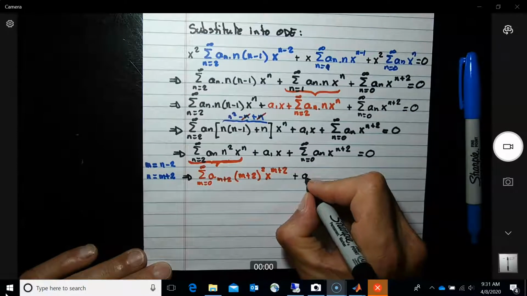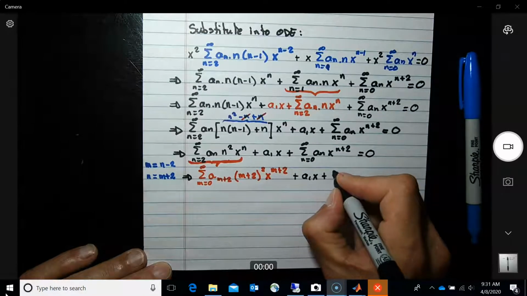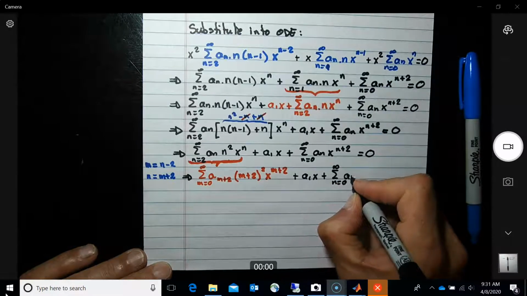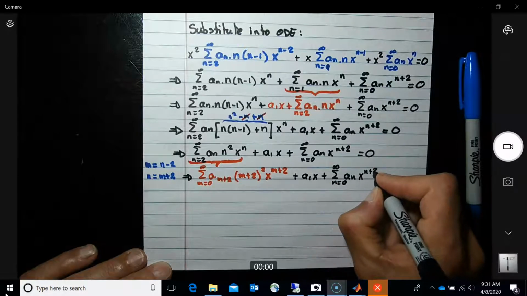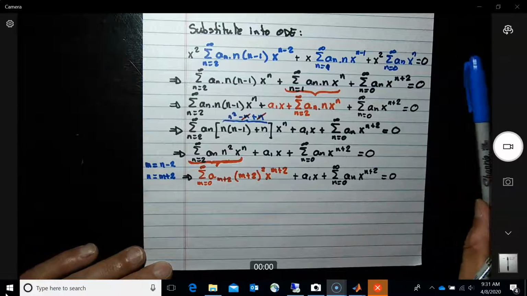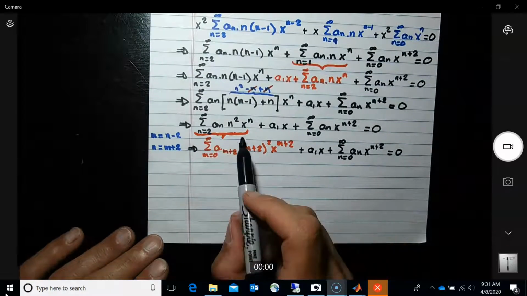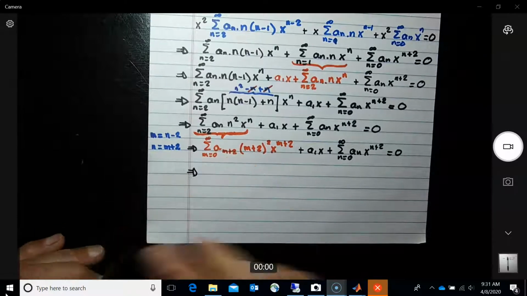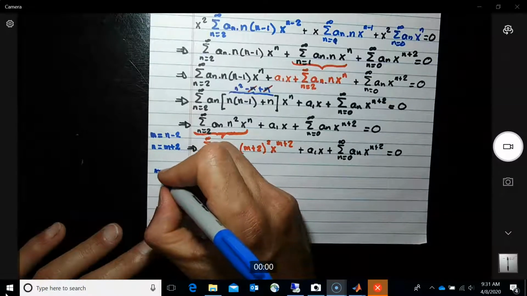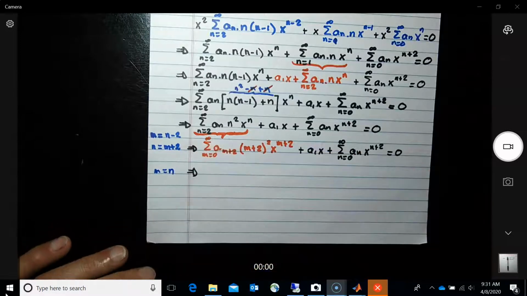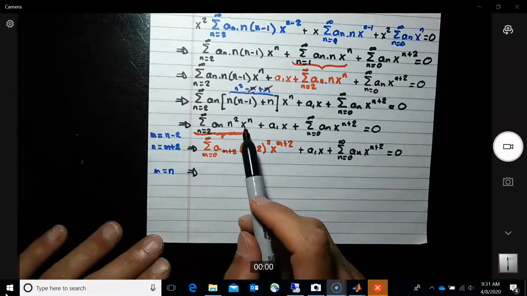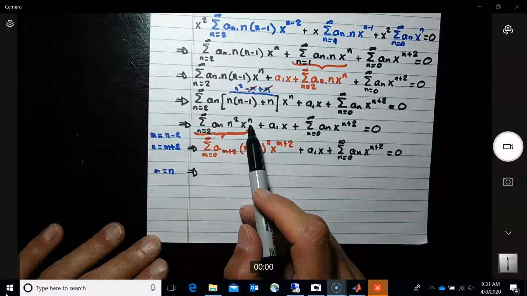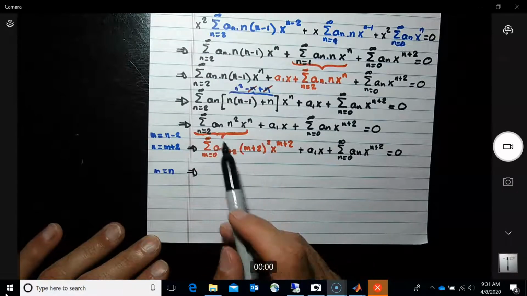Plus a1x plus summation of n equal to 0 to infinity a sub n x to the n plus 2 equal to 0. Okay, personally I like to do this step directly here to here, but generally you say m equal n. If you do it directly, after the second derivative you need to have n plus 2. So this will be all n plus 2.